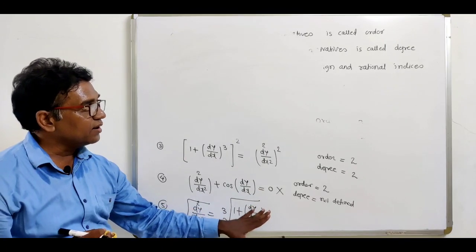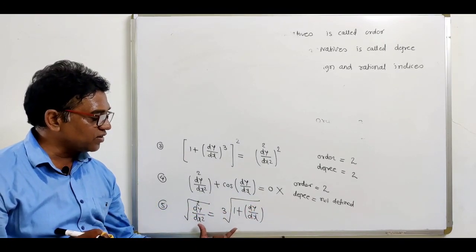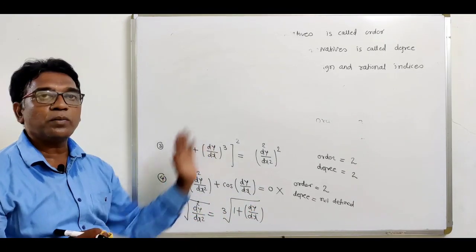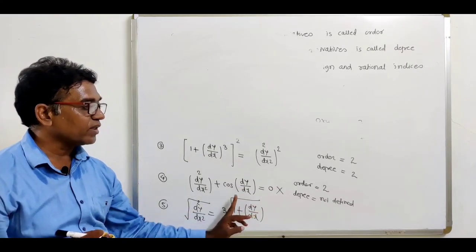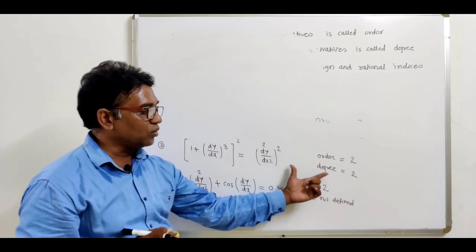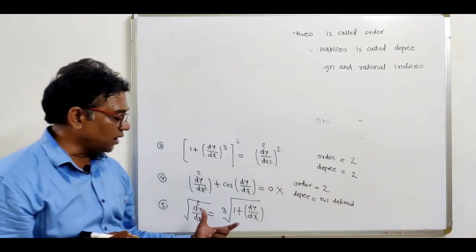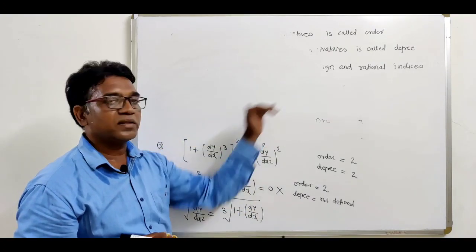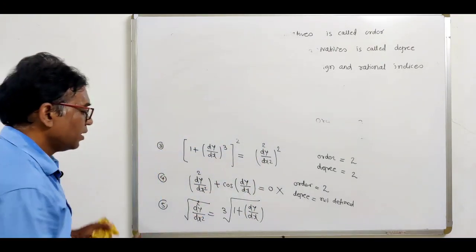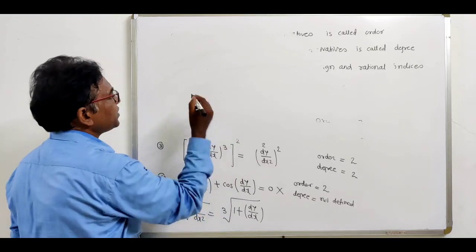But for degree, we have to reduce this differential equation into polynomial form because it contains radical signs. The degree can be found when the differential equation is free from radical signs or rational indices. Now just simplify this equation.